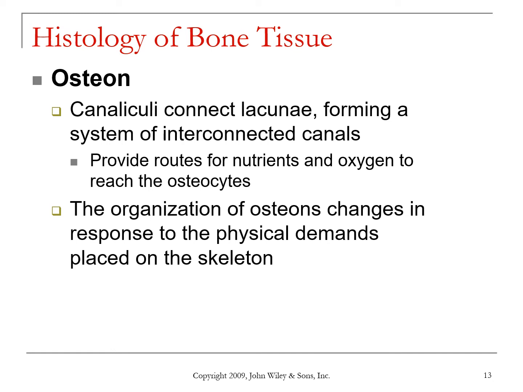So the organization of the osteons change. Osteons are formed and developed in areas of increased stress, and they are broken down in areas of decreased stress. This is an important feature of bone tissue. If you don't use it, you lose it. Bone breaks down whenever it's not stressed. We will revisit that concept.